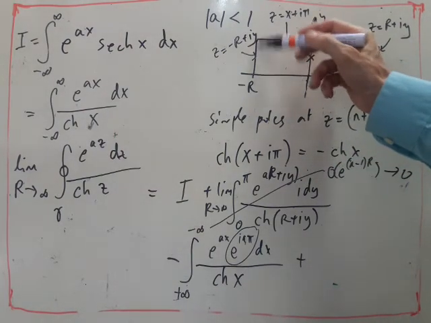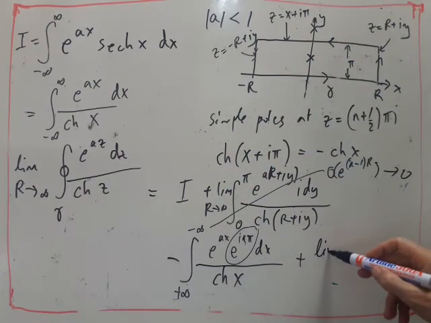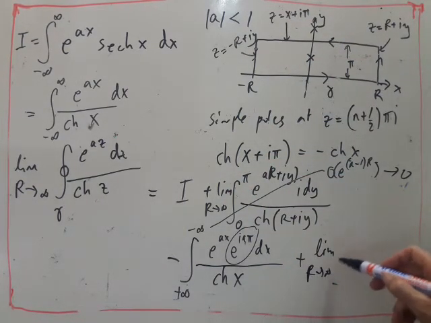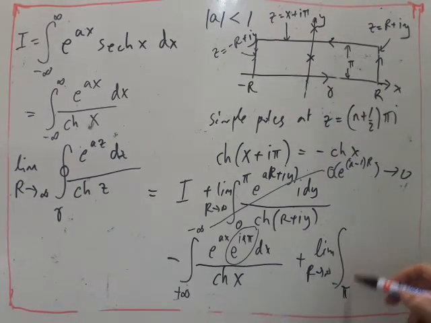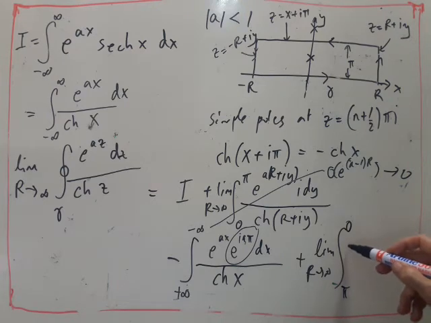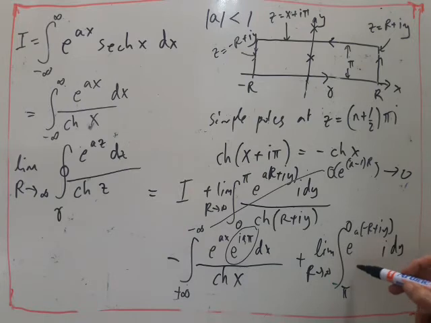Then the last integral we do works out in a similar way. We'll just do it quickly, just to check. So it's the limit as r goes to infinity of the integral from y equals pi to 0 of e to the a times (minus r plus iy), I dy over cosh of (minus r plus iy).